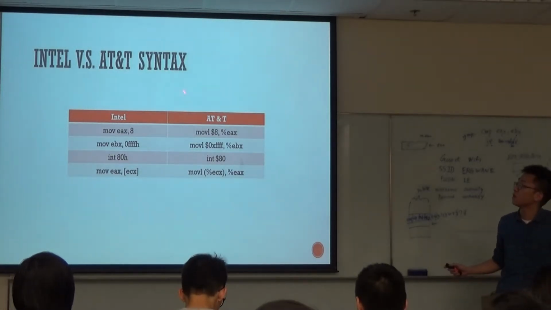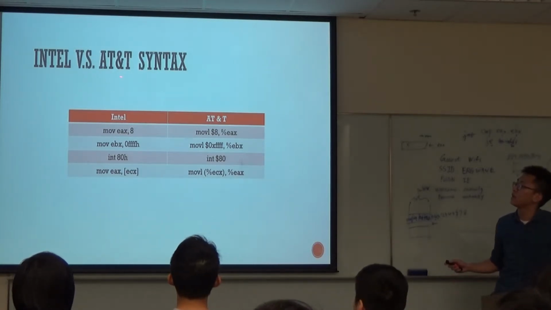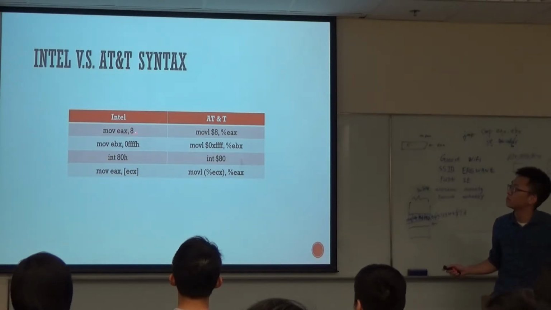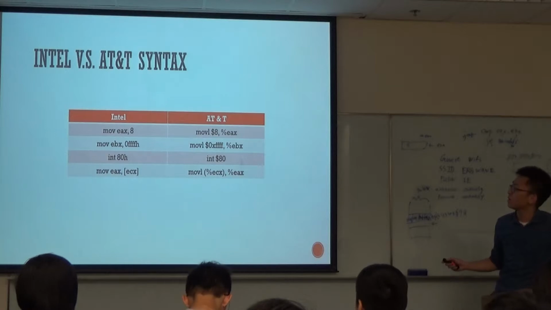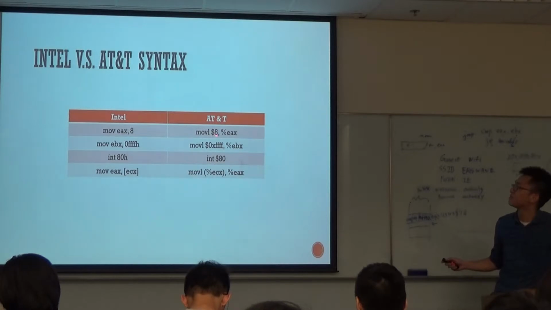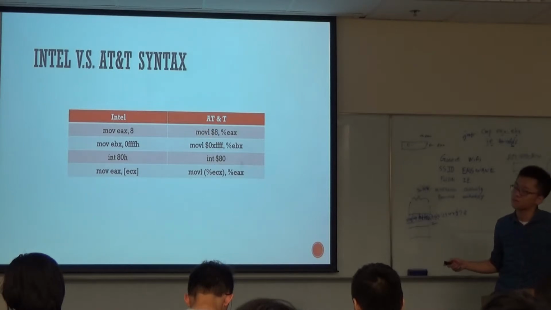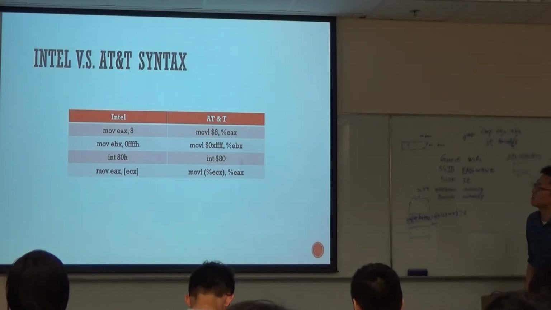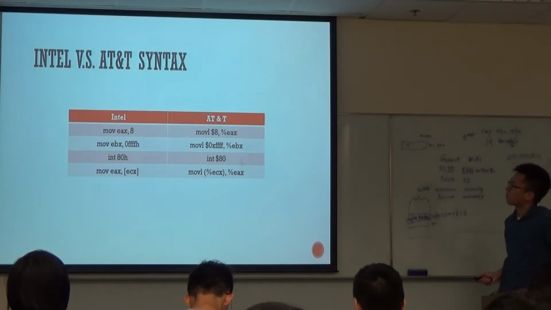And there are two kinds of notations. One is called Intel syntax. This is Intel syntax, and this is AT&T syntax. They are the same, but for example, here it moves 8 to register EAX, and here it's in reverse. It moves 8 to EAX. L means long, which is 32 bits. And it moves FF to EBX.